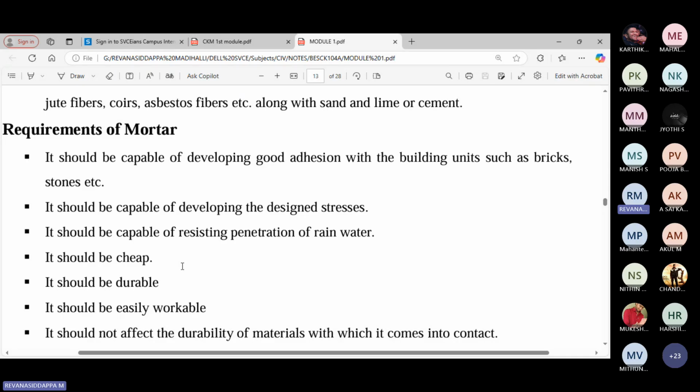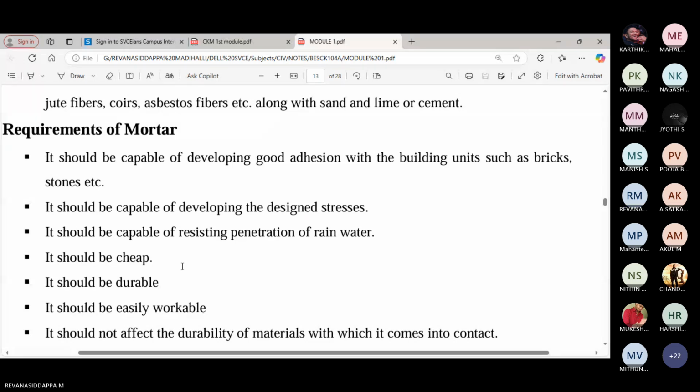Therefore, it is very important to have good resistance to water penetration when the mortar comes in contact with water. To improve this resistance to water infiltration, we have some chemical reagents in the market now. By adding those chemical reagents, we can make the cement mortar or the cement concrete water resistant.